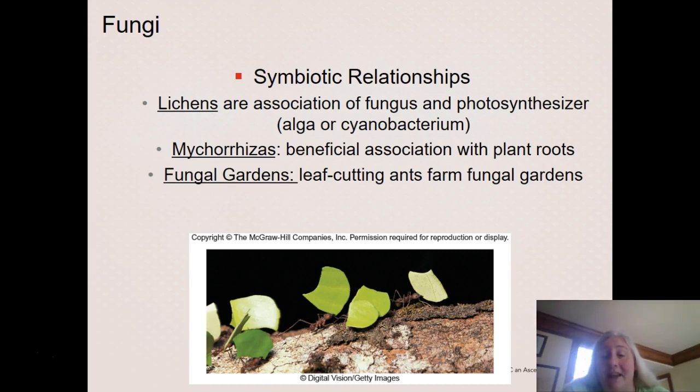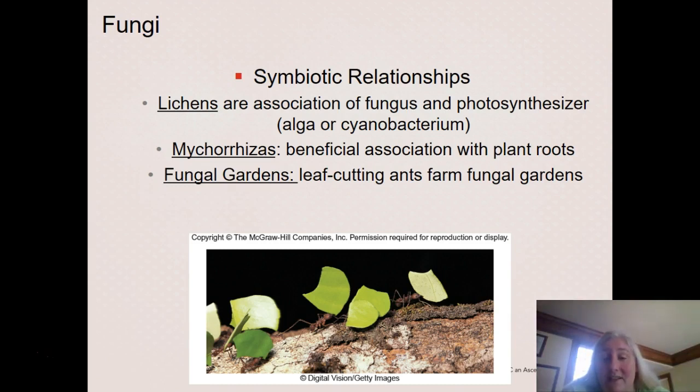And some ants are called leafcutter ants, and so their job is to go out and find leaves that they can't eat, but they can give it to fungi, and the fungi can degrade the plants and then produce a byproduct that is usable by the ants.